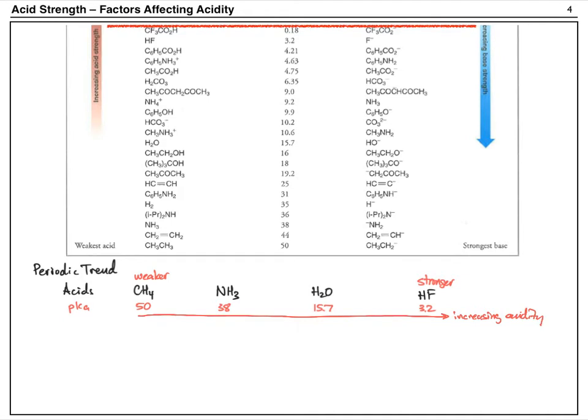And so we can rationalize that based on the periodic trend of electronegativity. So we know that as we move across that row, the electronegativity increases towards the fluorine. What that means is that the conjugate base is better able to stabilize the negative charge that's put on the heteroatom, or carbon in that case, of the resulting conjugate base.